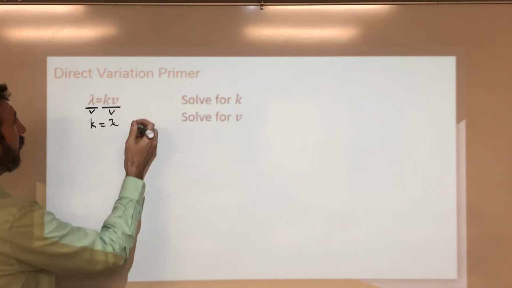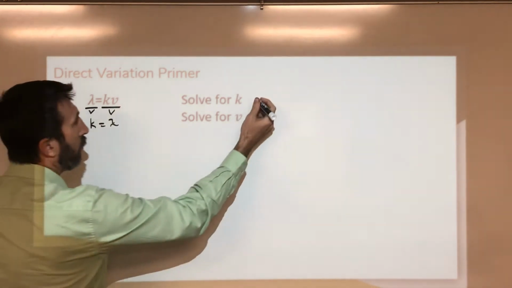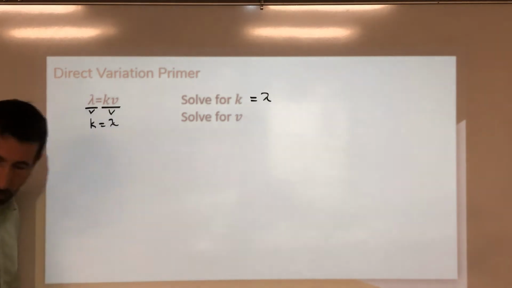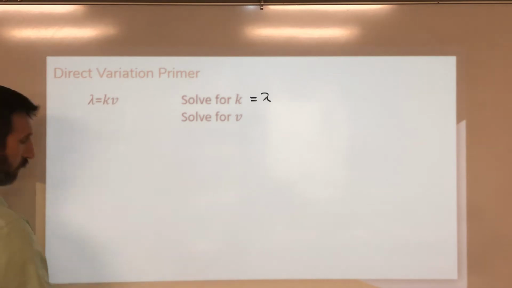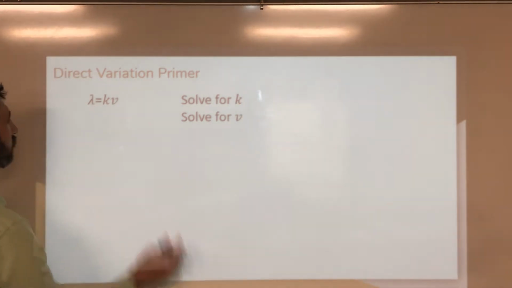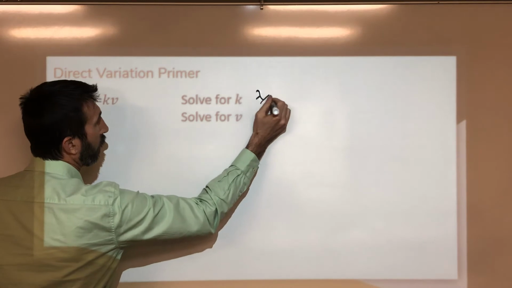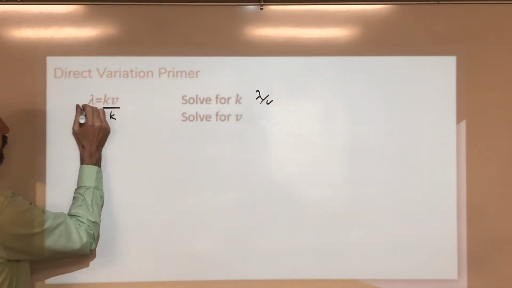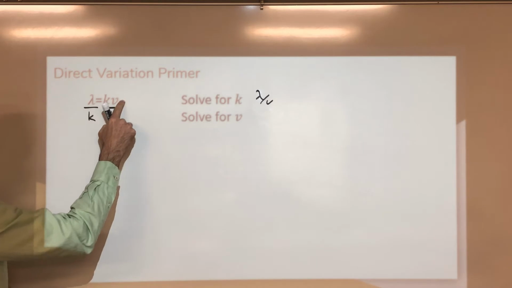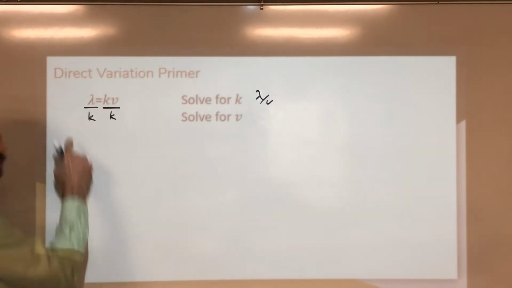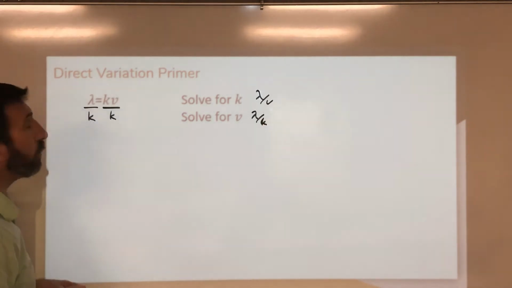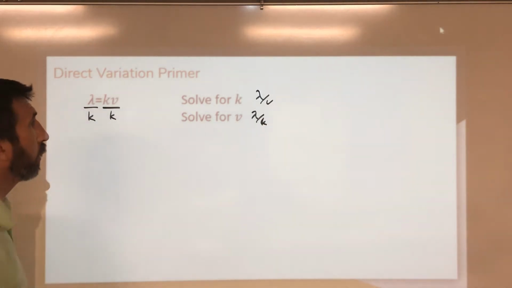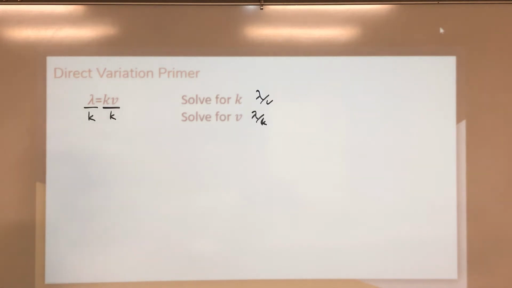If we want to find v by itself, if we were looking for just v, we could divide by k. Right? So that's going to give us our v by itself, and v equals lambda over k. So even without any numbers in there, we can solve for lambda, and we can solve for k. Right?